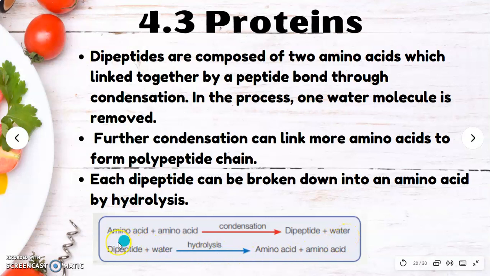And the dipeptide can also be broken down in the presence of water by hydrolysis, and then it will break down into amino acid plus amino acid. That is the condensation process and hydrolysis process that involve dipeptide. Make sure you can remember the process.